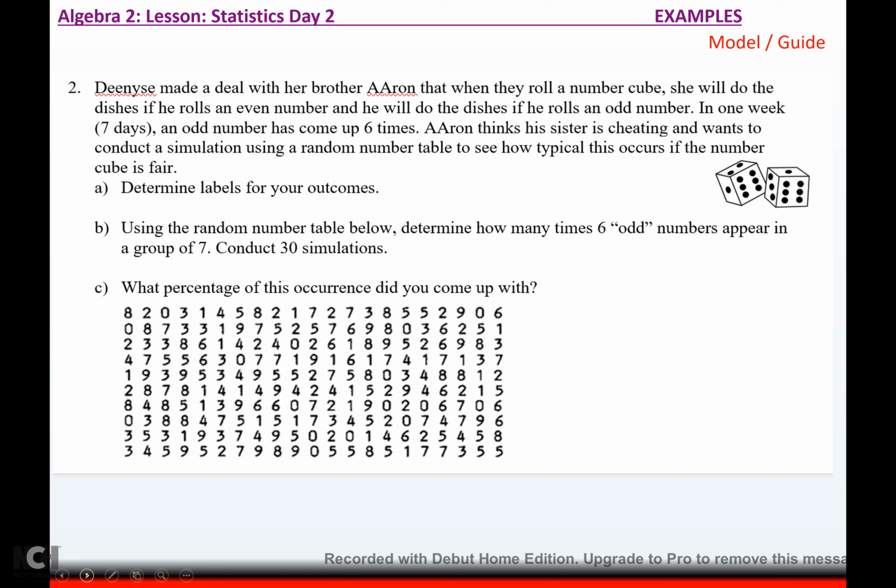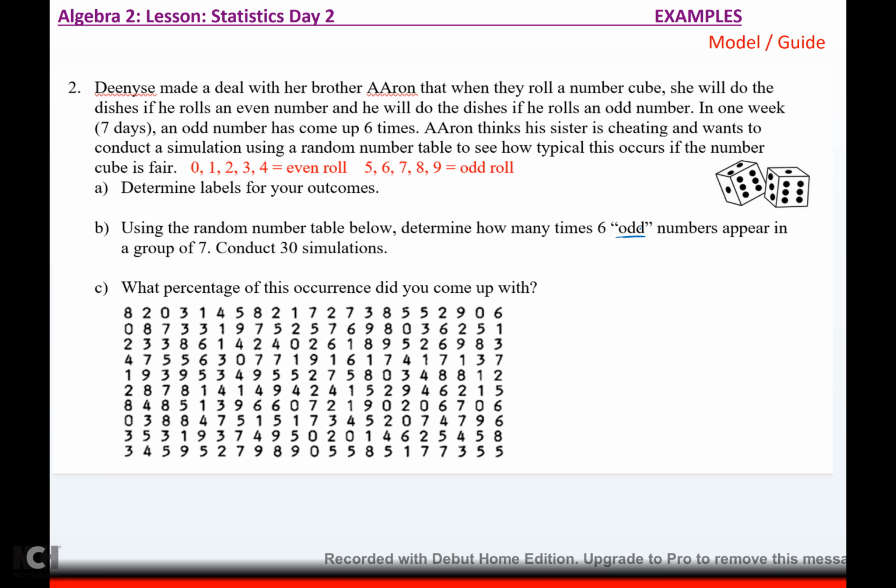It says determine labels for your outcomes. Well, I'm going to say that 0 through 4 are even and 5 through 9 are odd. Okay? And then I'm going to, using the random number table below, determine how many times 6 odd numbers appear in a group of 7.